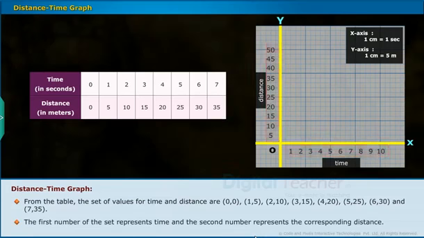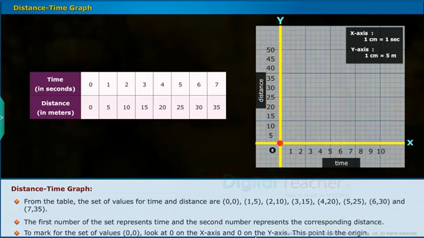The first number of the set represents time and the second number represents the corresponding distance. To mark the set of values 0, 0, look at O on the x-axis and O on the y-axis. This point is the origin.